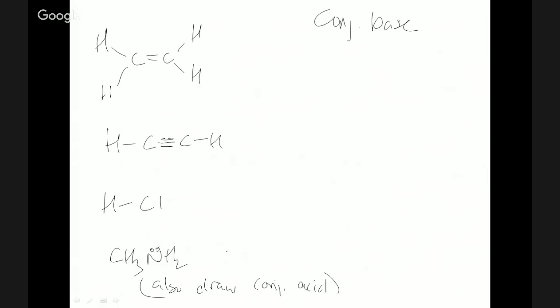So draw a conjugate base over here and also draw a conjugate acid. You could do this with all of them. And there's a table for you to see the answers and such. So work through a lot of those and do that as soon as possible so that when we talk about the trends, it's going to make more and more sense.